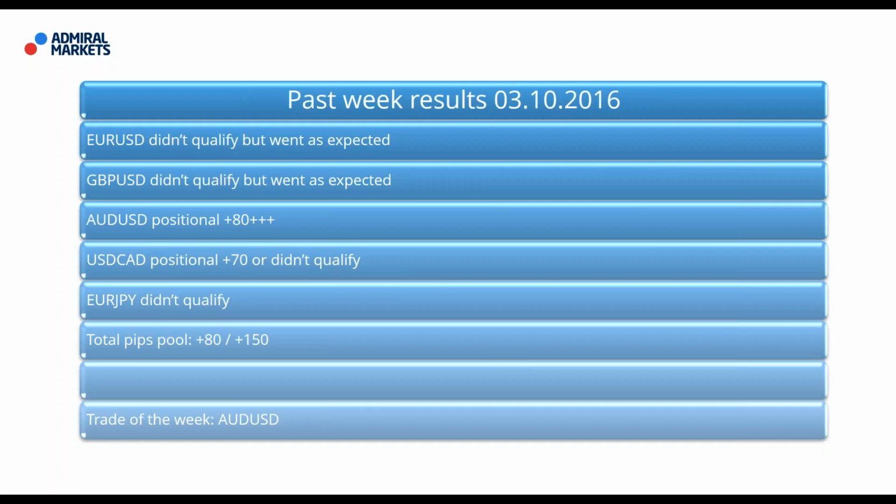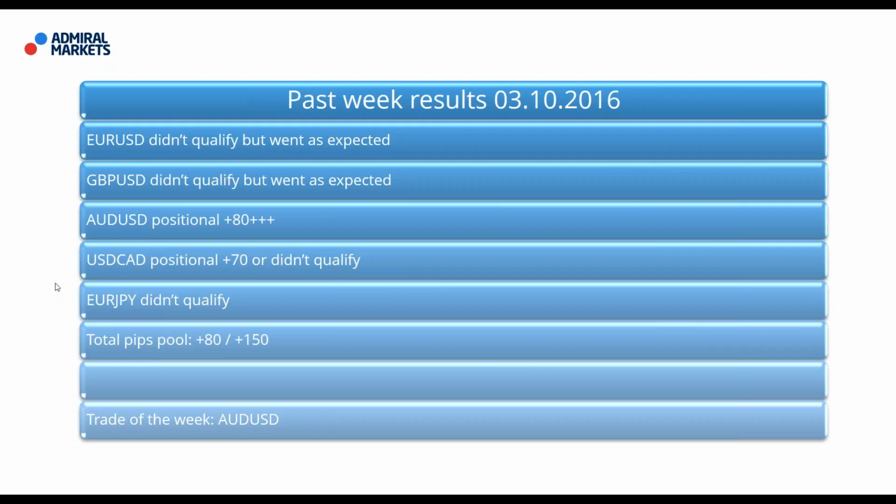Euro yen was far from our POC, but well, again, it went as expected but far away from our POC point. So total pips pool was 80 pips or 150 pips if you actually went as I told you.